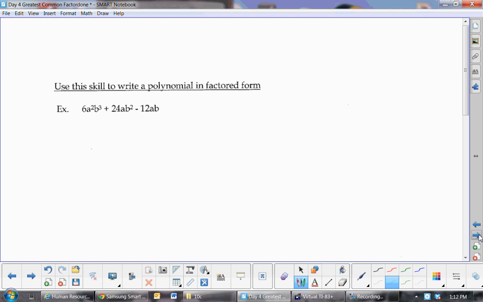Okay. So again, routine. Put those down. Work with just the numbers first. 6, 24, 12. Take out a 6. That, in the first term, would leave me with a 1. Second term, positive 4. And last one, negative 2.